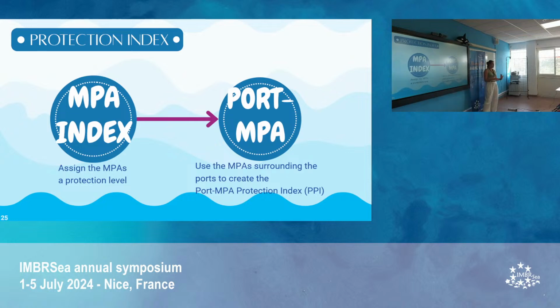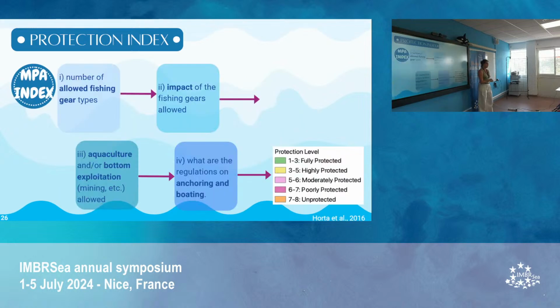And I'm going to step you through the process of assigning the MPA index, and then how I shifted that to the port protection overall. I used Orca et al., a paper that designated an index level based on the allowed fishing gears, the impact of these fishing gears, bottom exploitation, and the anchoring or boating use of the area, which combines the use and degradation of the area to create an index level, 1 being fully protected and 8 being unprotected.